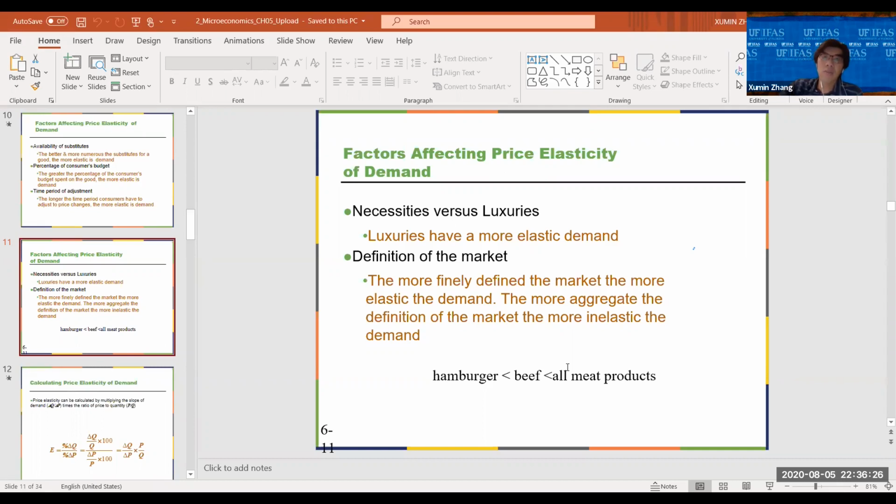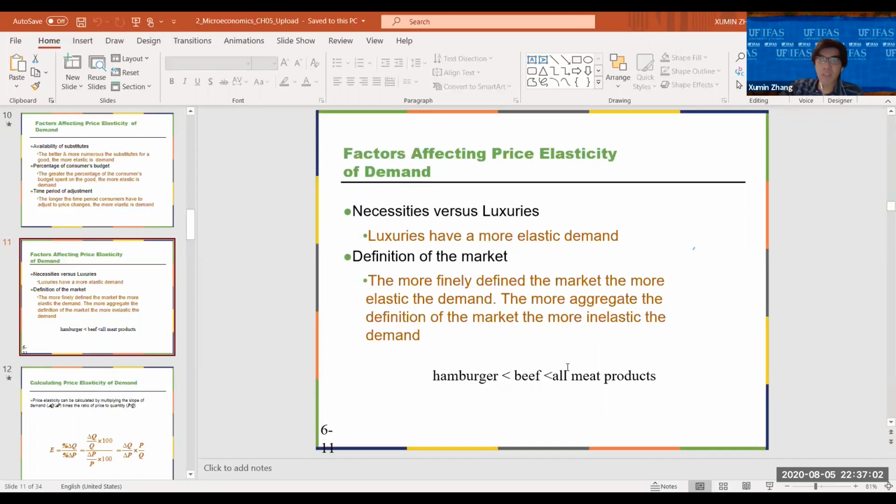Also, something related to that is the definition of the market. The more narrowly you define the market, the more elastic the demand. So think about commodity goods, let's say shampoos, right? We can switch our choice quickly.